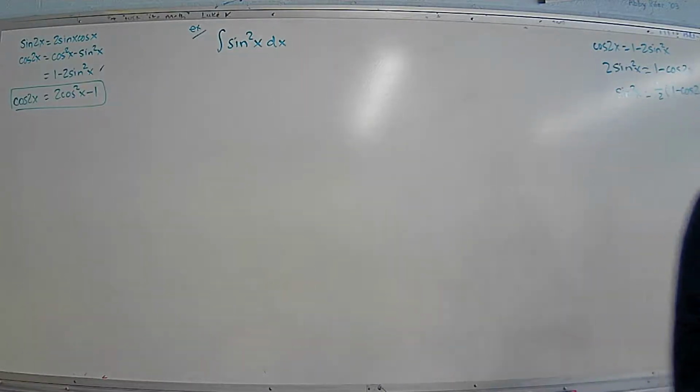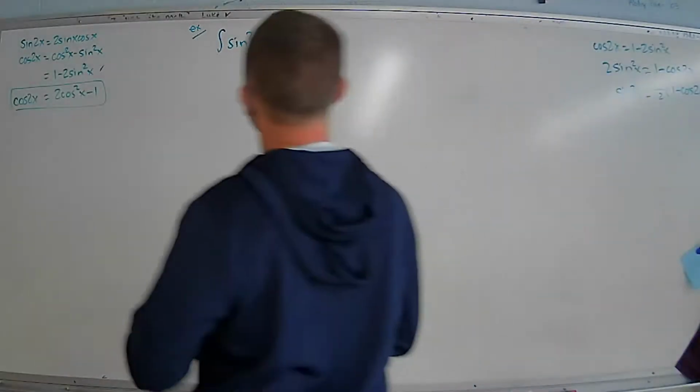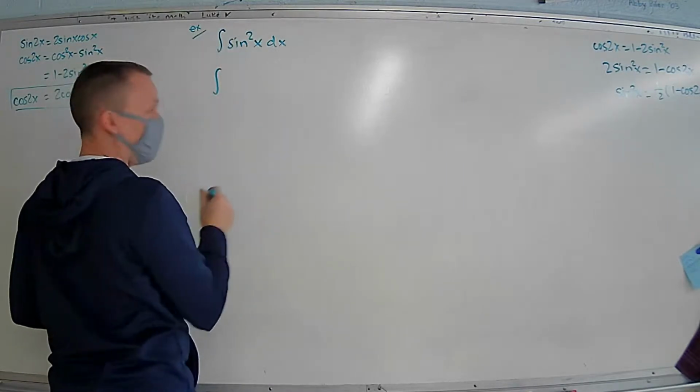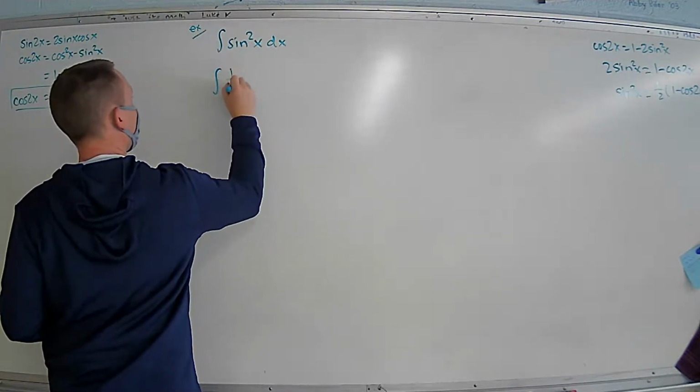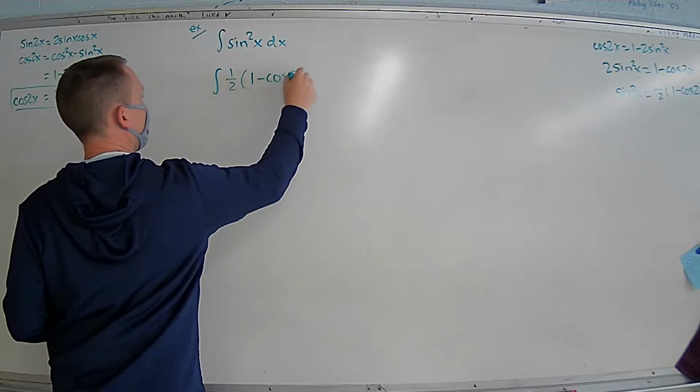That's true. So now, over here in this integral, I'm going to replace sine squared with 1/2 times 1 minus cosine of 2x.